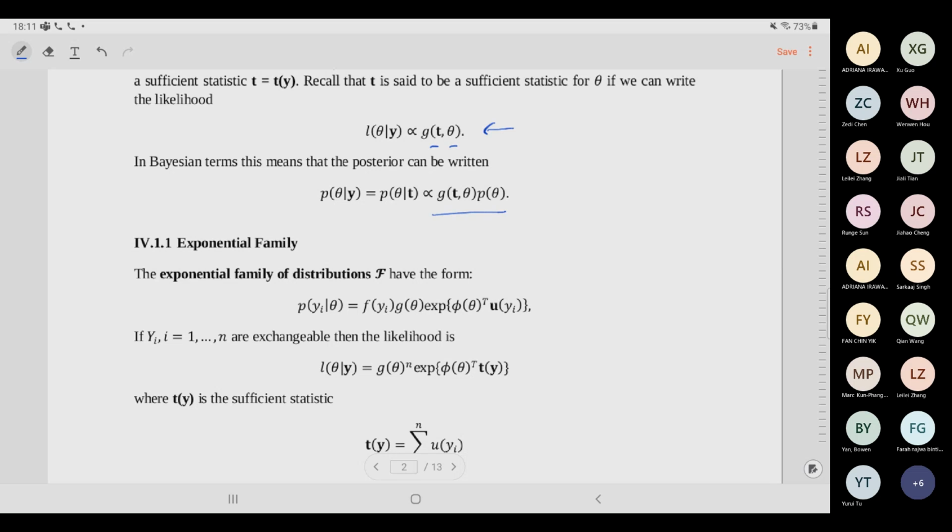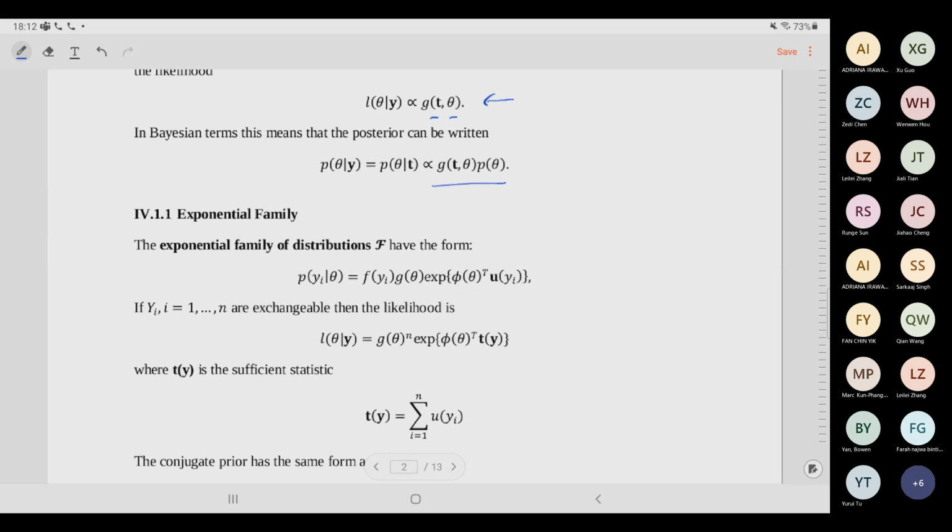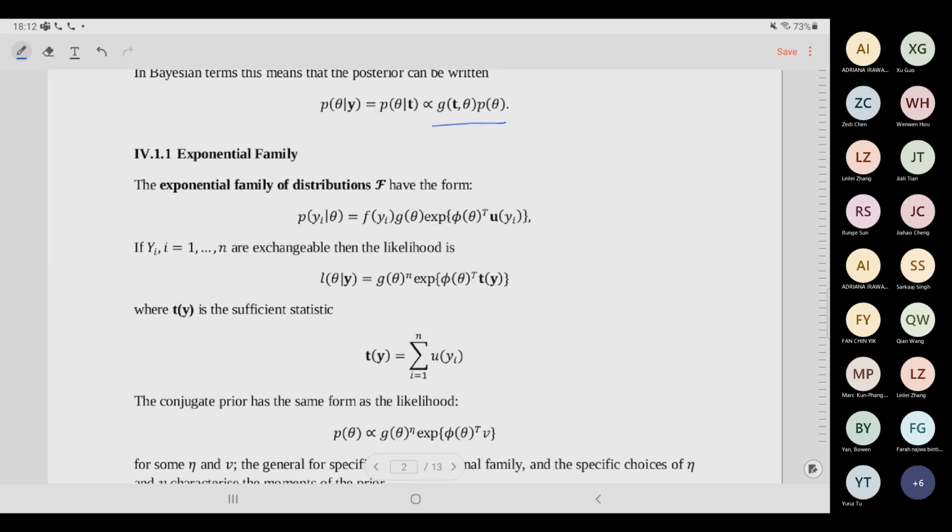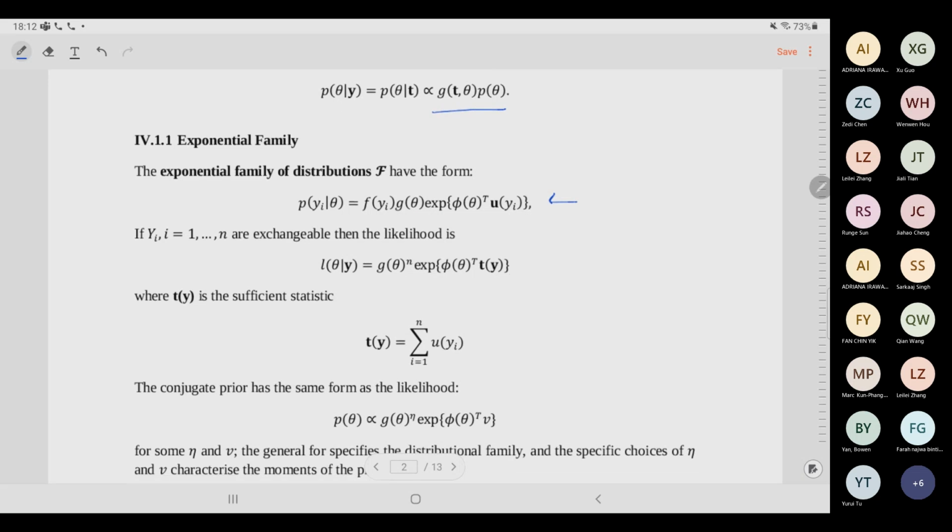If you have an exponential family, meaning your PDF or PMF can be rewritten in this form, which is a function of y, a function of theta, and an exponential function of phi of theta times u of yi, where phi is a function of theta and u is a function of yi.